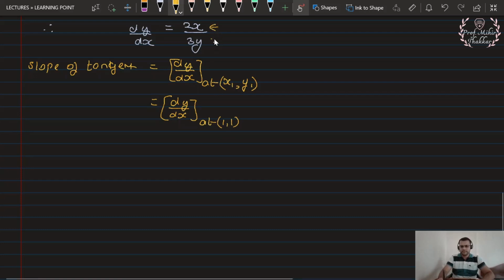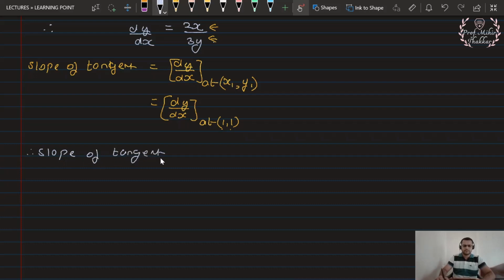So in place of x and y, we substitute the values as 1 and 1. So I can easily say slope of tangent is equal to, that becomes minus 2 by 3.